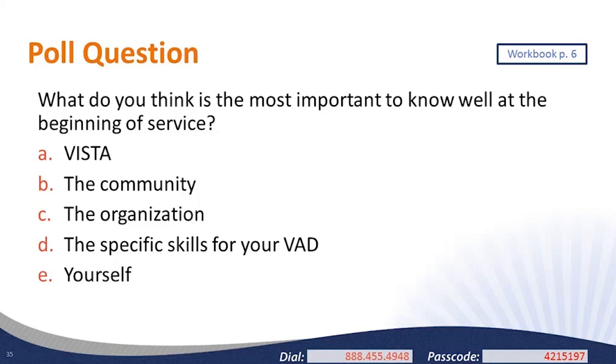So on the right of your screen is a poll. You've got a few minutes. Select your answer, and remember, if you're on a smartphone or tablet and unable to complete the poll, it's not a problem. You can call Jessica and give her your answer later. Wonderful.